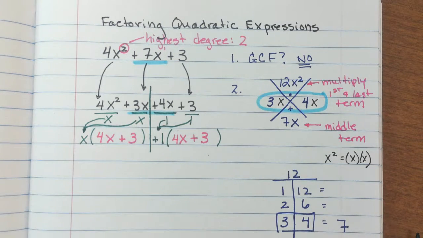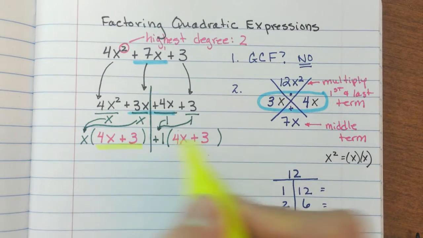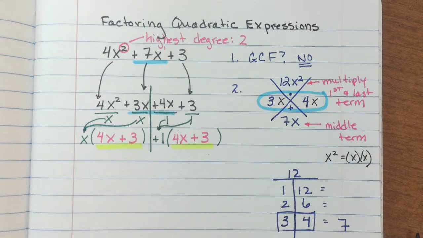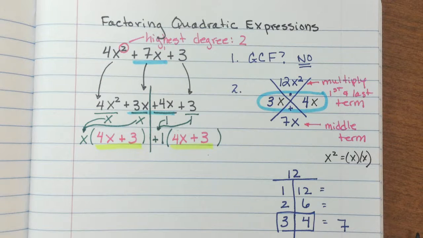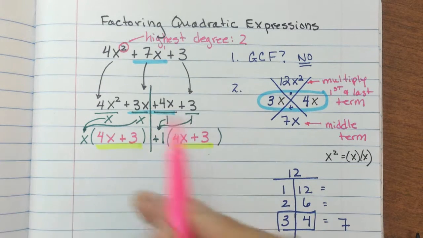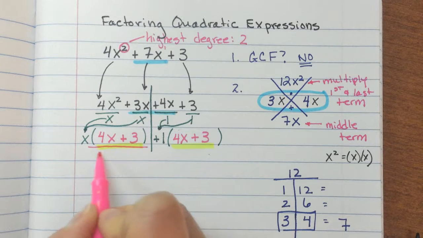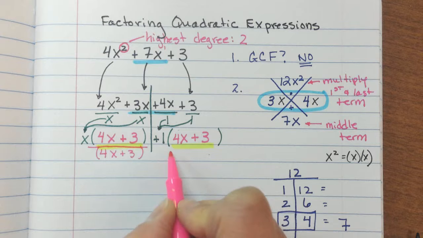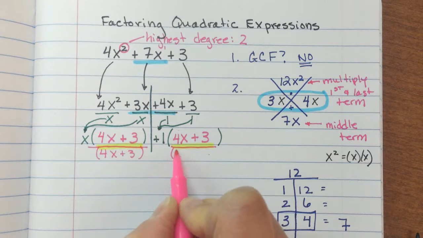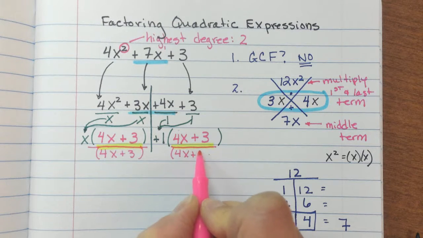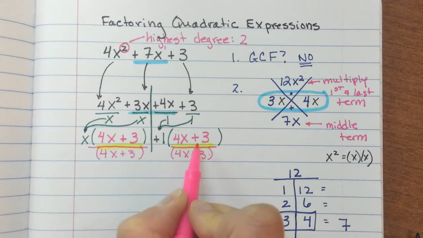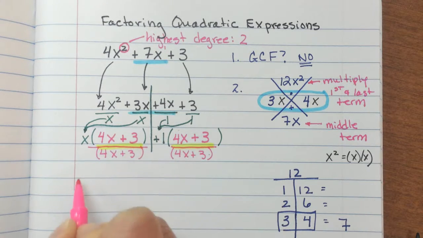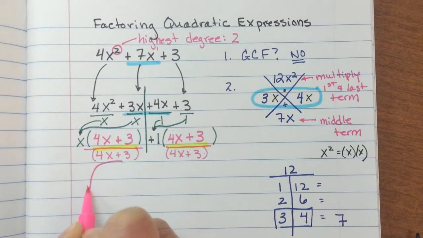So we can see that 4x plus 3 and 4x plus 3 are the exact same expression, which means I can divide out 4x plus 3 as a common factor between these two terms.